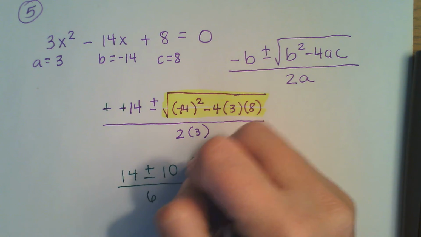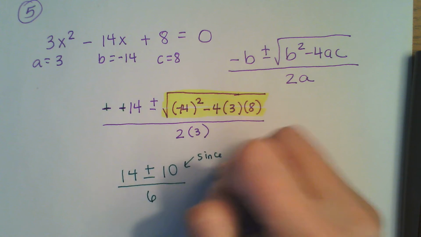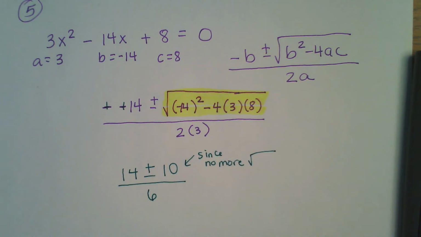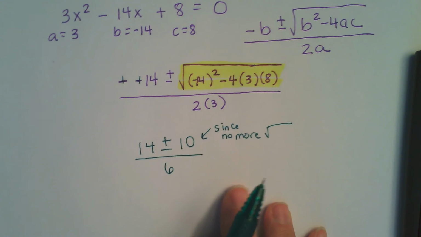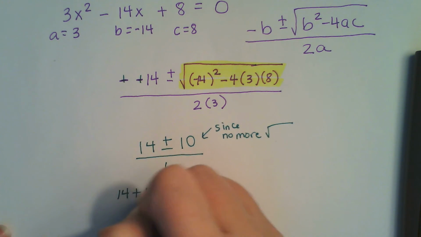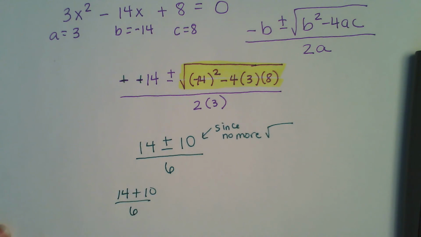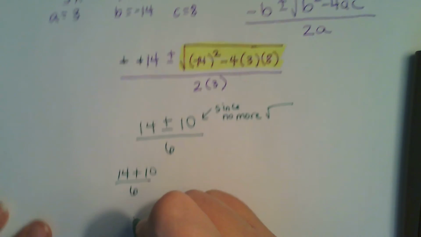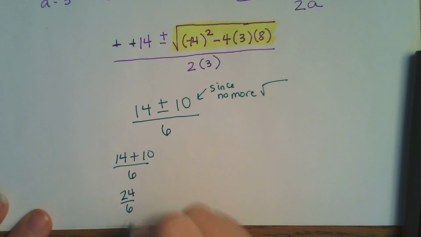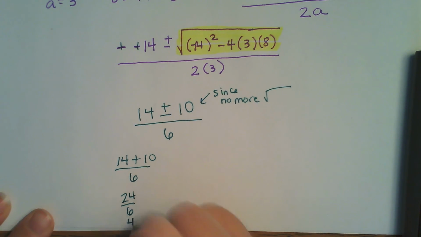Since there was no more square root, we're going to need to do some more math to simplify this. You're actually going to get two just regular answers at the end. So one of the answers is going to be 14 plus 10 over 6, which is 24 over 6, which is 4.